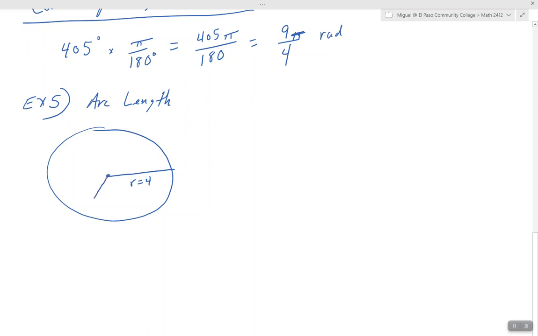This angle here is 240 degrees. And what we're looking for is this arc length outside.